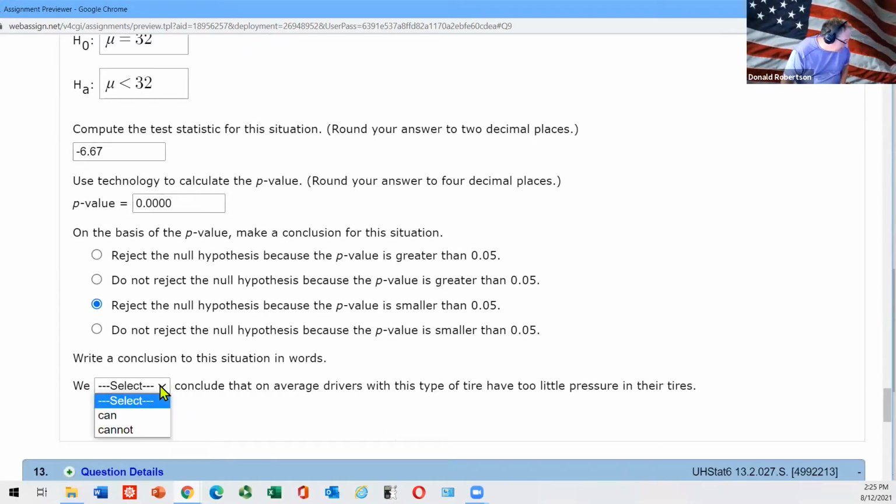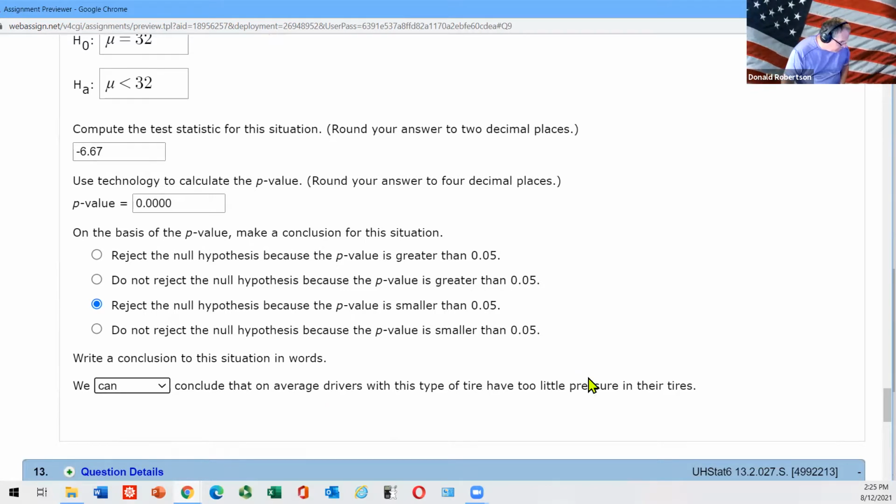And we can conclude that the average driver with this type of tire has too little pressure in their tires. So they were right. So maybe if that was an actionable one like the previous question, I could see this resulting in an action. Can you imagine they would first tell the driver, do you know your tires are a bit on the flat side?